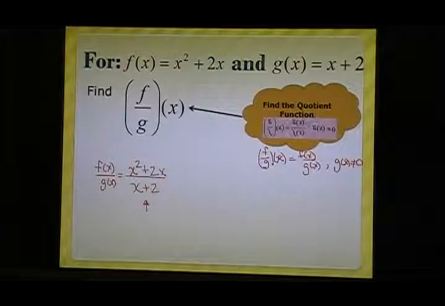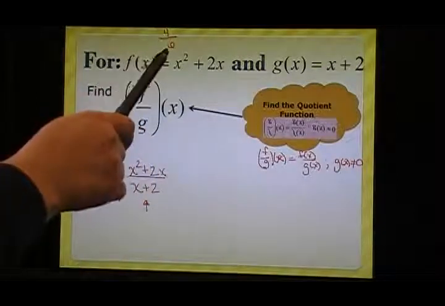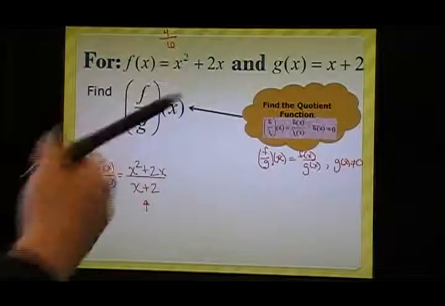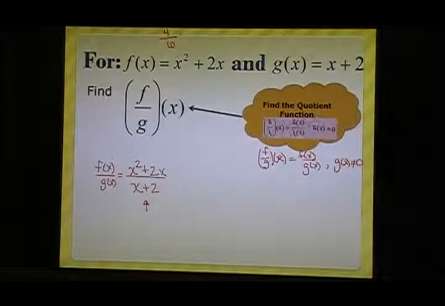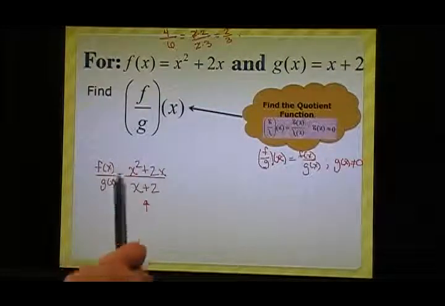If you have a numeric fraction like 4 over 6, that fraction can reduce because 4 and 6 both have a common factor of 2. 4 is 2 times 2, 6 is 2 times 3, and so we can cancel that common factor and give us the reduction of 2/3. It works the same way here.